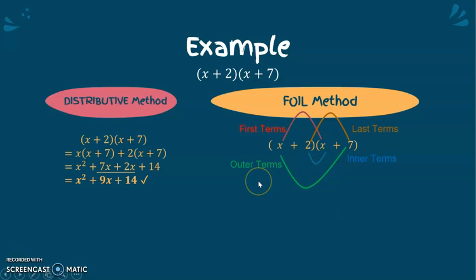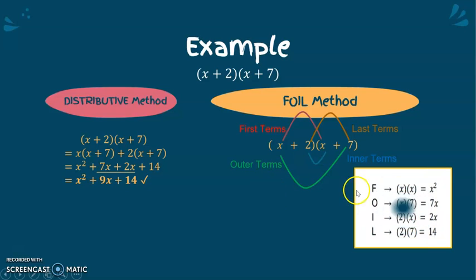Now, to multiply this using the FOIL method, we start with the first term. FOIL: First is x times x, which is x squared. Outer, x times 7, 7x. Inner, 2 times x is 2x. And L, or last term, 2 times 7 equals 14.